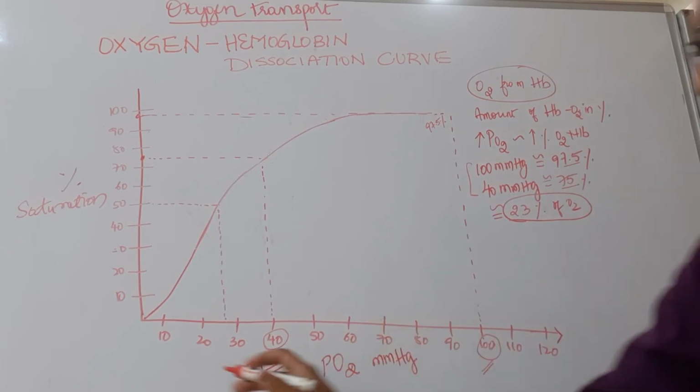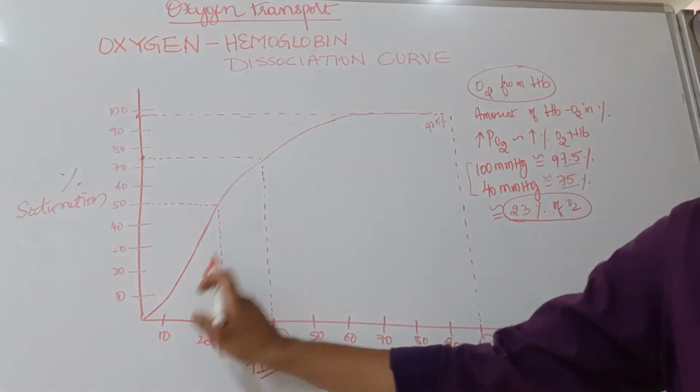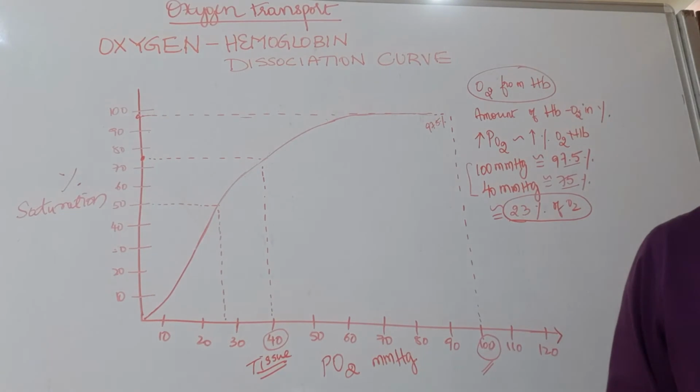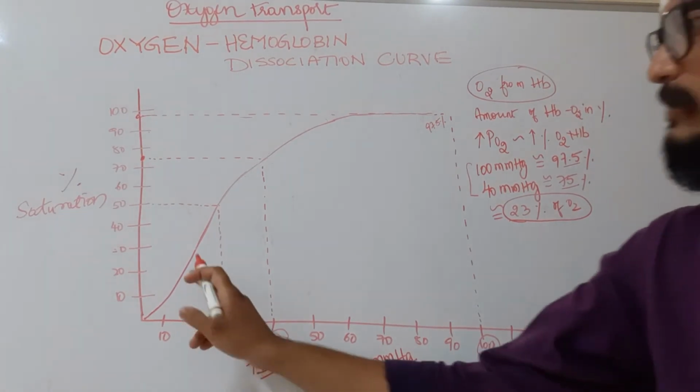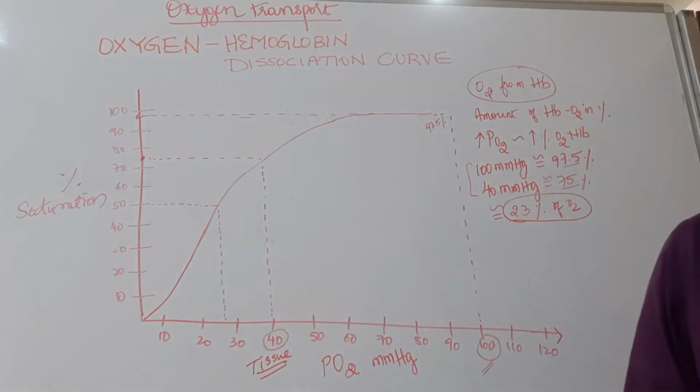If the partial pressure of the oxygen still decreases, then the hemoglobin saturation also decreases.